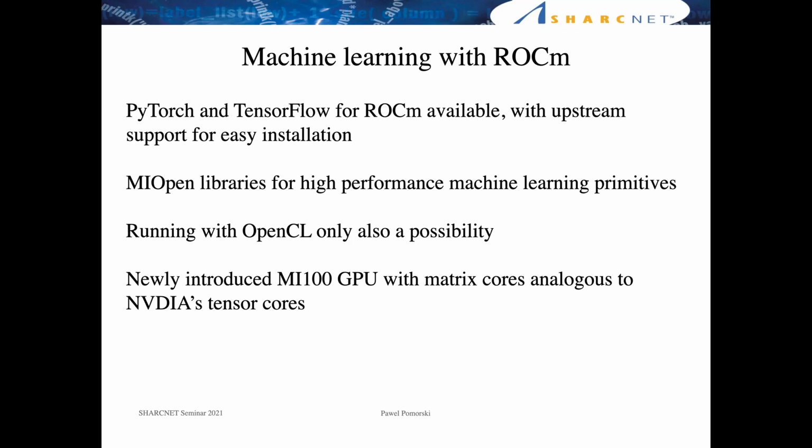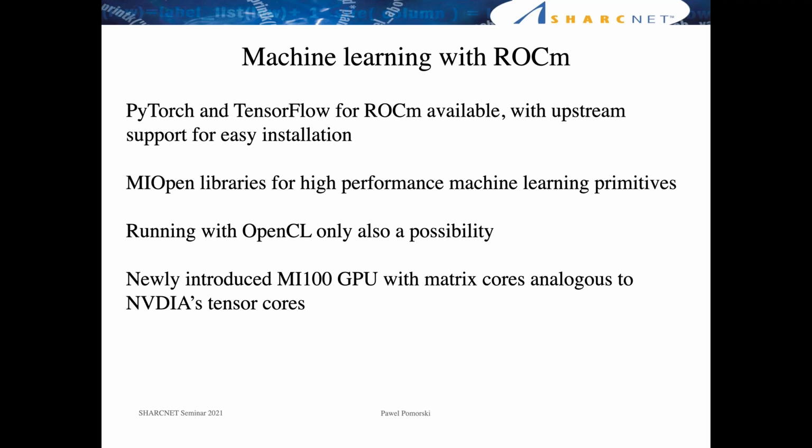And ROCm also offers a rich set of libraries with high performance machine learning primitives. Now, if you have an older card or a Navi card which doesn't fully support ROCm, it should also be noted that just using OpenCL, which is this older, more basic interface, is still a possibility. I haven't tried it myself, but I have seen people using only OpenCL to run PyTorch and TensorFlow.